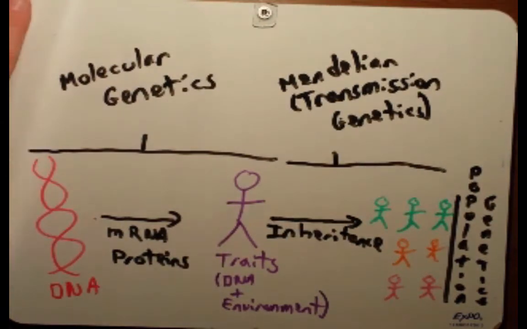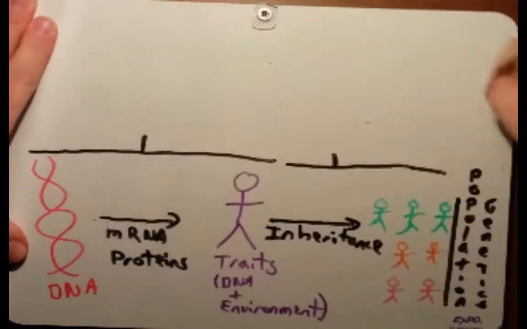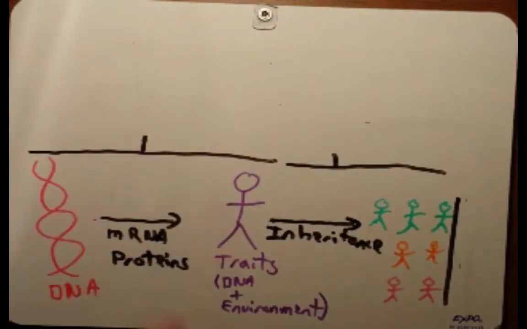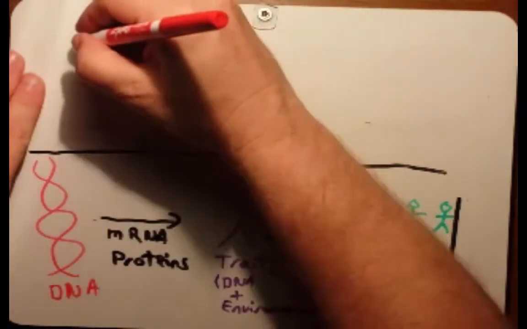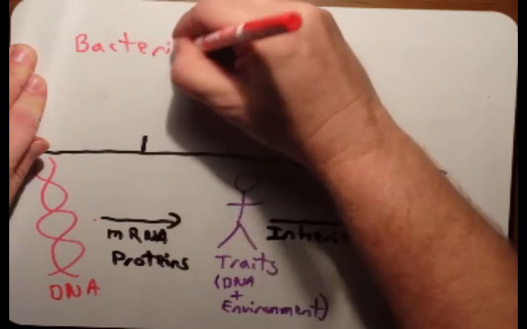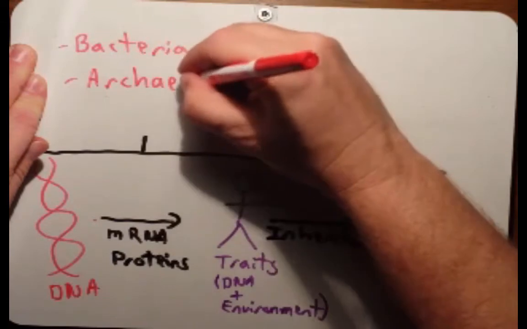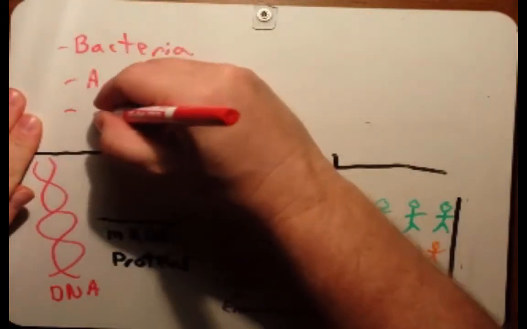I'm going to erase these top lines up here, letters I mean, and along the side here. And I want to remind you, while we're talking about all the rules and the regulations of genetics in these three branches of genetics, we're going to talk about it in the context of a variety of life. So we'll talk about it in relation to bacteria, archaea, and eukaryotes.